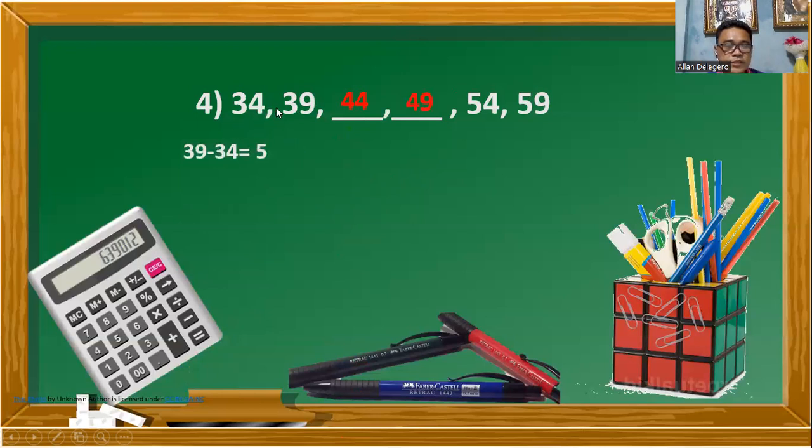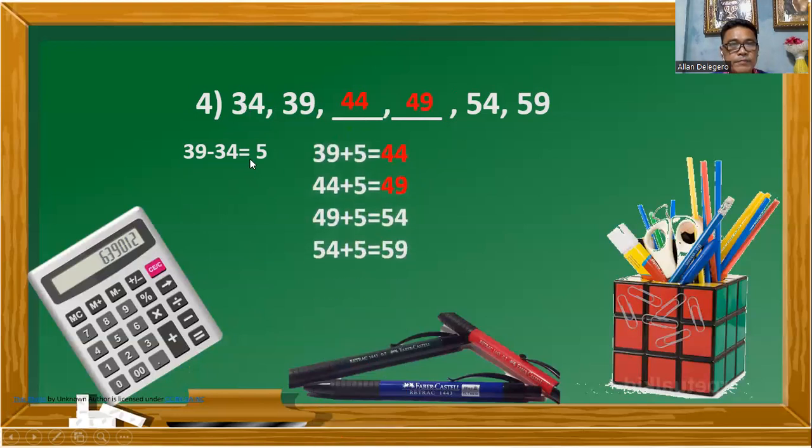The two consecutive terms, 34 and 39. So 39 minus 34 is 5. So add 5. The difference is 5.